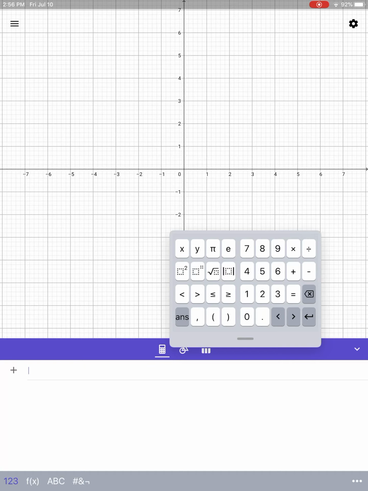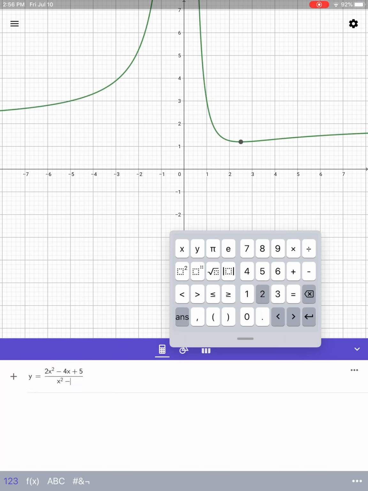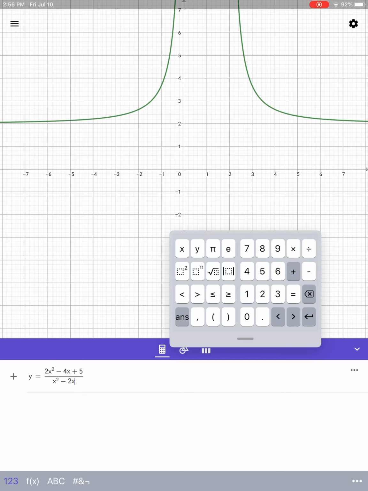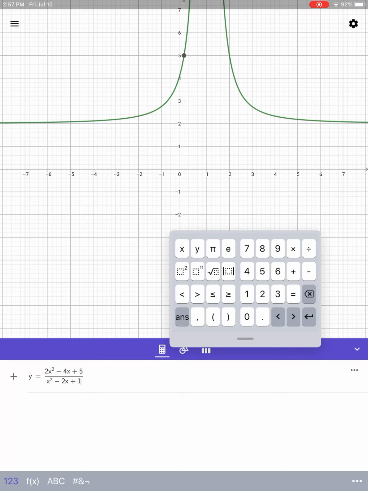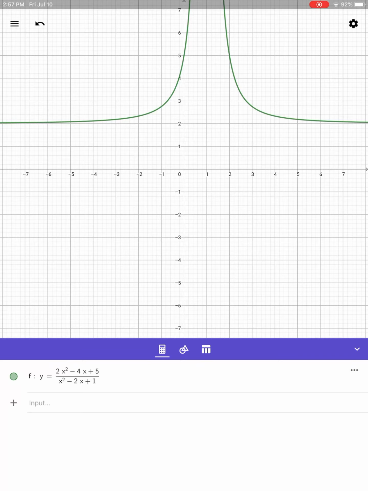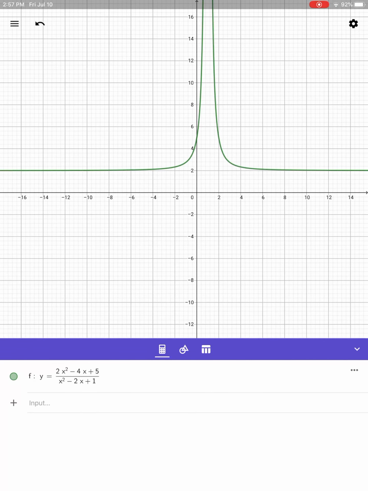I'm doing the same example as the one given in the book: 2x square minus 4x plus 5 divided by x square minus 2x plus 1. This is how the graph looks.